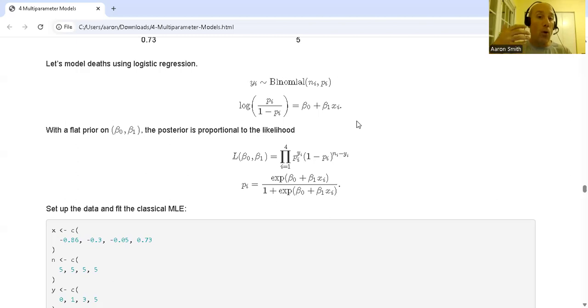Under the hood, when we do logistic regression, our model is fitted using maximum likelihood estimation. So we take the likelihood function of beta 0 and beta 1, which is equal to the product of the probabilities. I'm just dropping my p's, my y's, and the n's into the binomial distribution formula, and then taking the product of it.